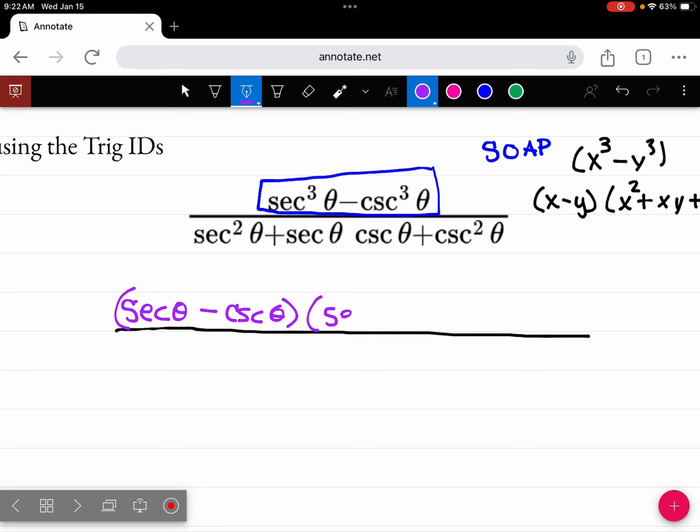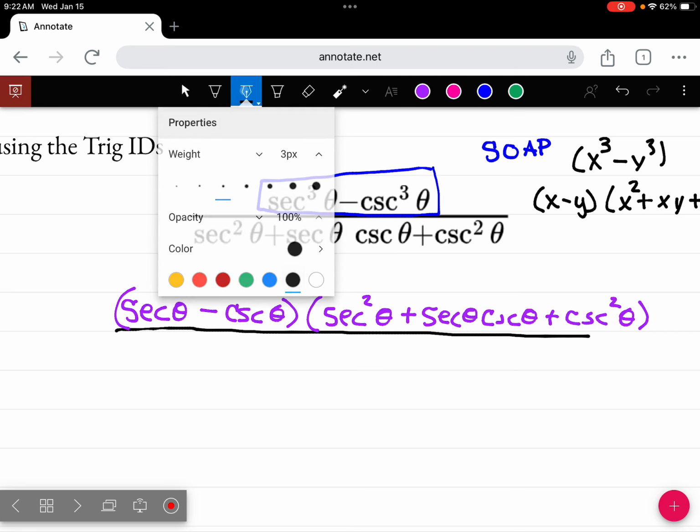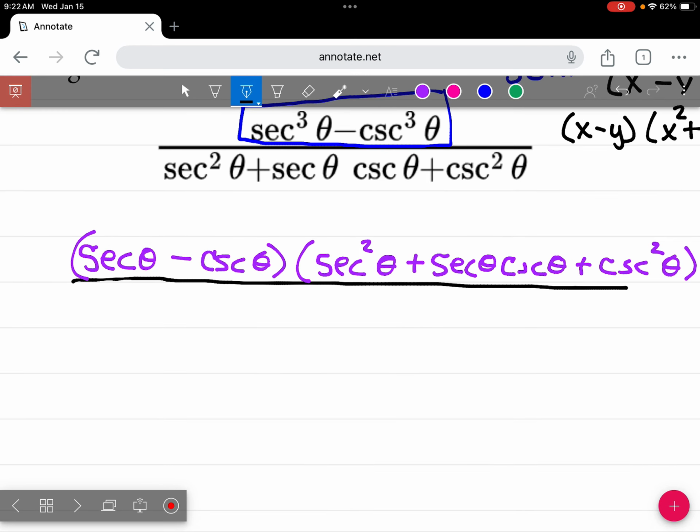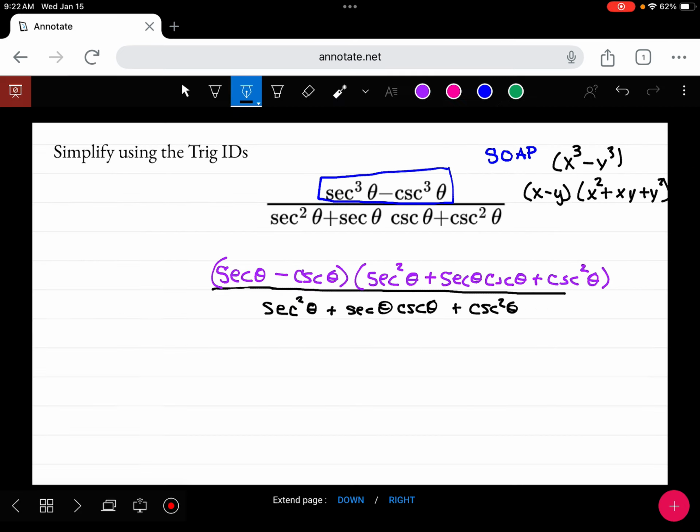Then we're going to have our secant squared theta plus secant theta cosecant theta plus cosecant squared theta. It's a lot of letters. And our denominator is our same hot mess: secant squared theta plus secant theta cosecant theta plus cosecant squared theta.